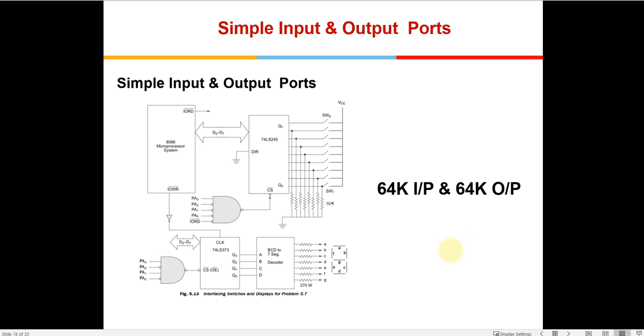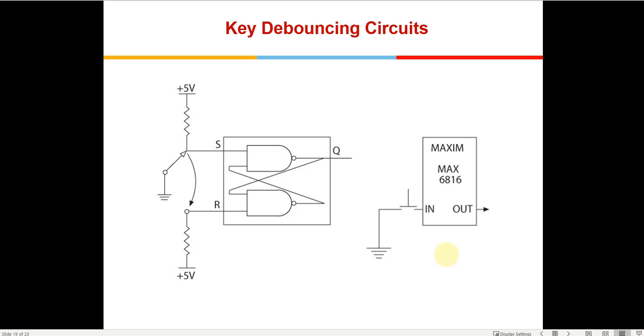Okay, this is the last slide, where it's shown that whenever you connect an input device, whenever you're using mechanical switches, we generally give it through debouncing circuits. Whenever we are switching it from 0 to 1 or 1 to 0, because it's a mechanical switch, it is not that you throw the switch from one place to the other.